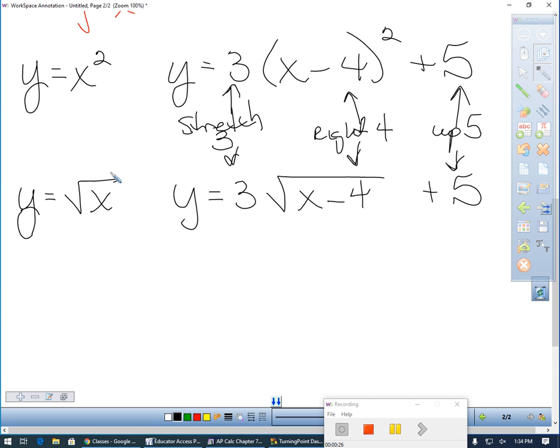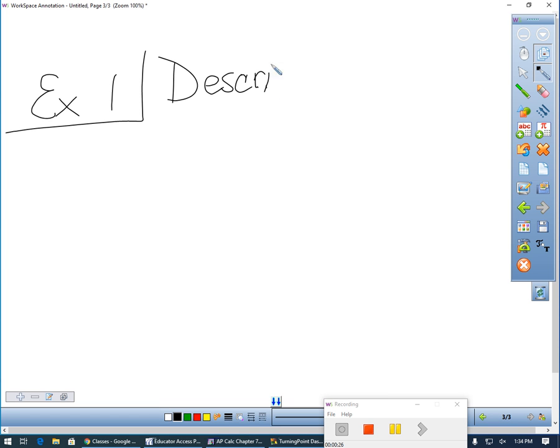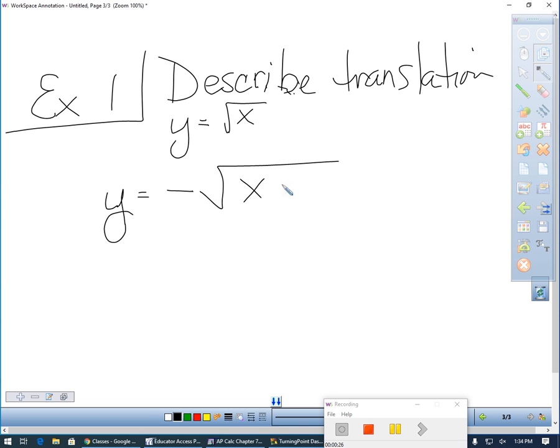First thing I want to start with is example number 1. Describe the translation. If I give you for the parent function y equals square root of x, if I say y equals negative square root x plus 3 and then minus 7 on the outside, this negative tells me I'm going to what?